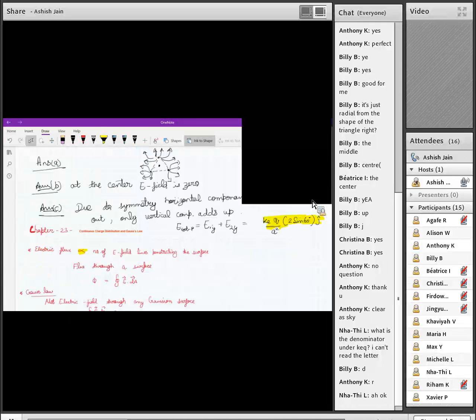Okay, back to chapter 23. Electric flux through any closed surface. Emphasize that point, closed surface, is directly proportional to the number of electric field lines penetrating the surface. So flux through any closed surface is given by the surface integral of E dot dA.